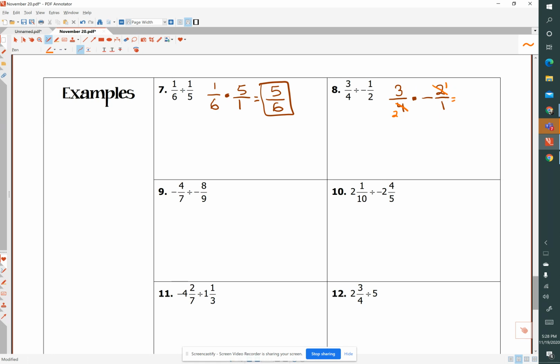Multiplying straight across, 3 times 1 is 3, 2 times 1 is 2, and this is positive times a negative, so it's negative. However, 3/2 is improper. So if we divide 3 by 2, it will go one time with 1/2 left over. And let's not forget the negative sign. So the final answer is -1 and 1/2.